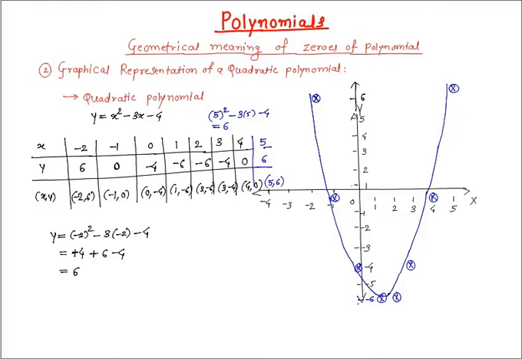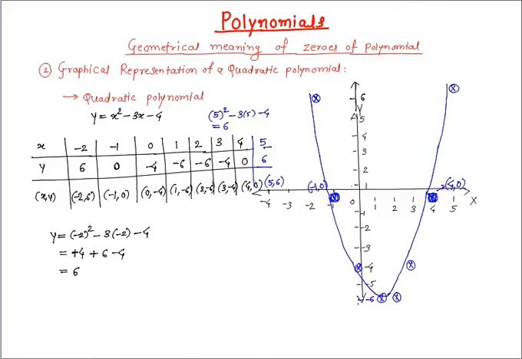So observe the graph of this quadratic polynomial. This graph is cutting the x-axis at 2 points, this and this. What are the coordinates of these points? The first one is (-1, 0), and this one is (4, 0). What are these points?